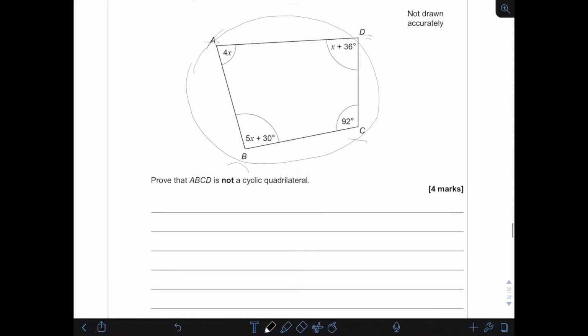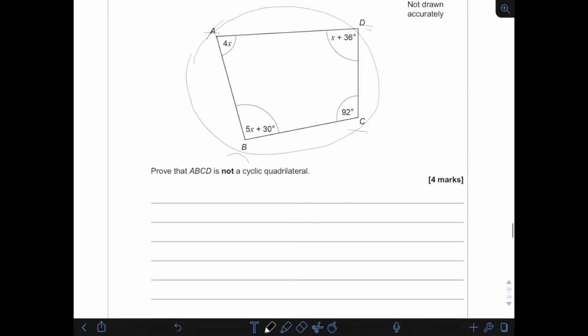And we have, let's see, the sum of all angles within a closed shape is 360 degrees.